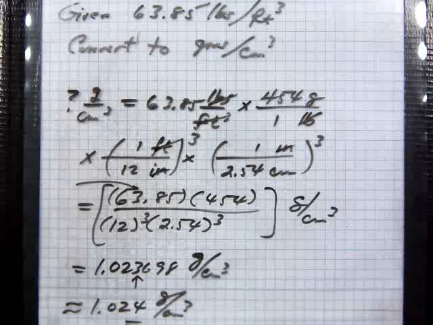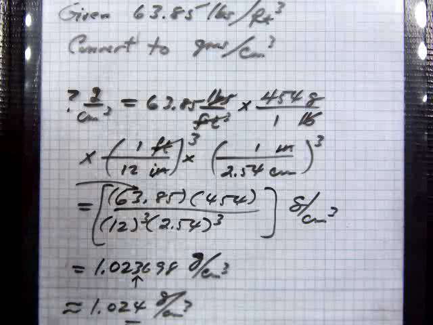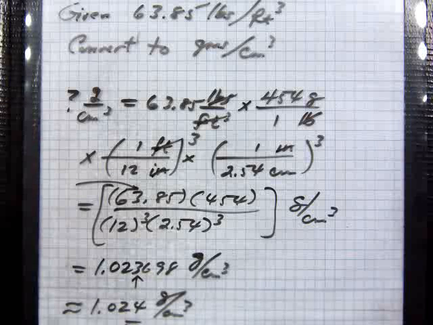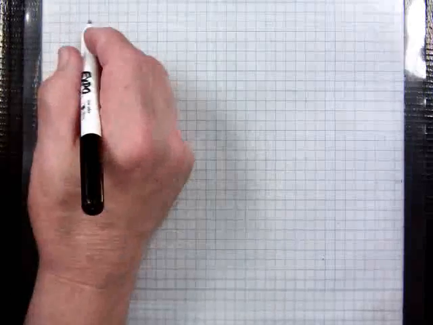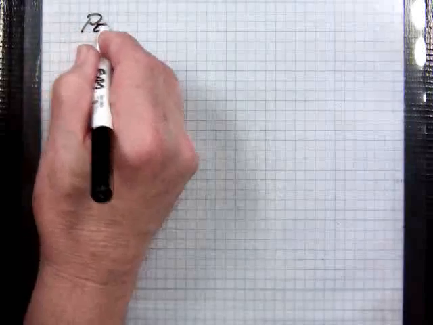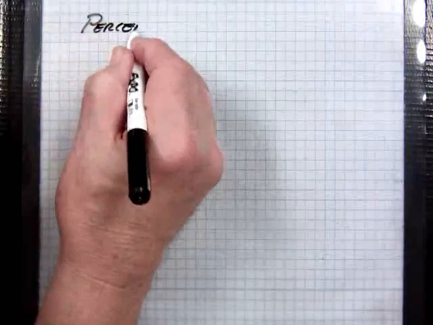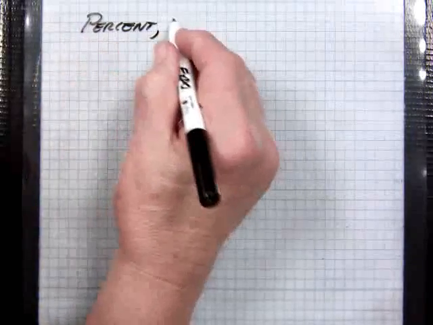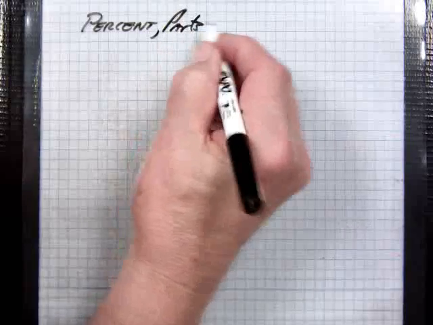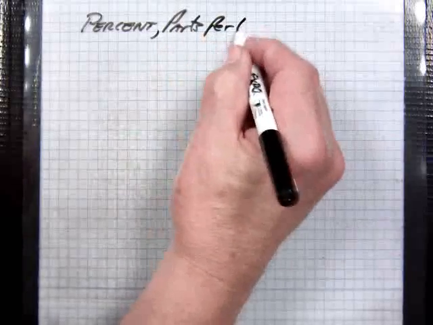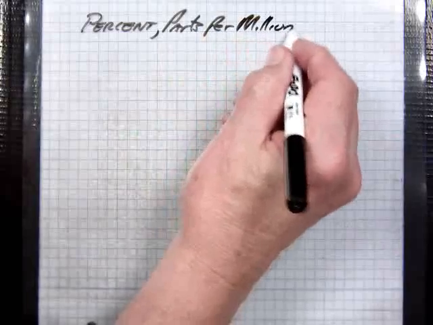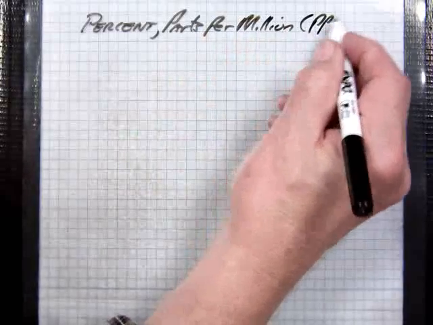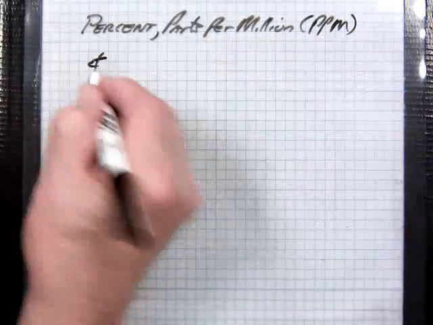You want to go from one dimension to another, you try to cancel them out until you reach the dimension you need. I think you understand that. Actually, this is also percentage, parts per million, ppm, and parts per billion.